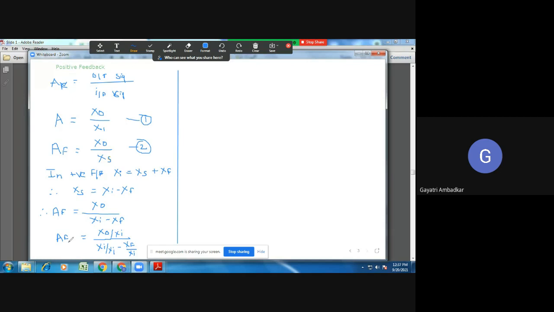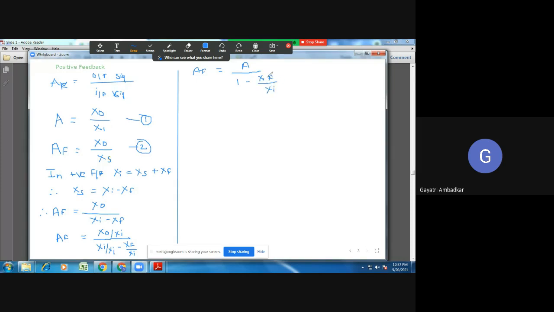What I have done: AF is equal to XO upon XI divided by XI upon XI minus XF upon XI. Now what does your AF become? XO upon XI is what? A. Correct. XI upon XI will be 1 minus XF upon XI.